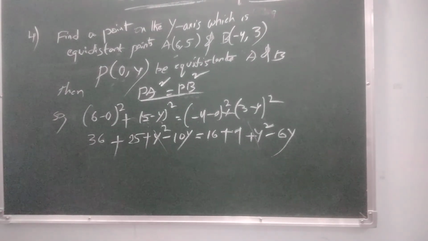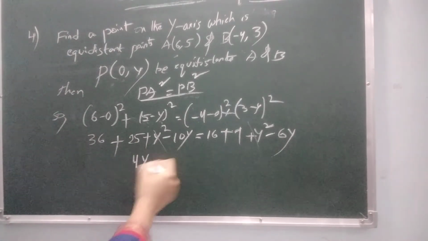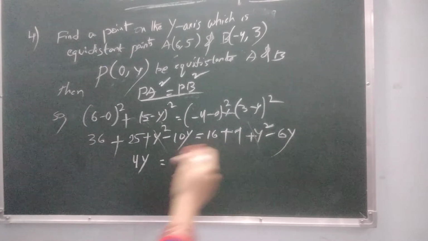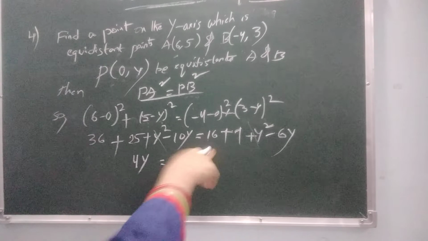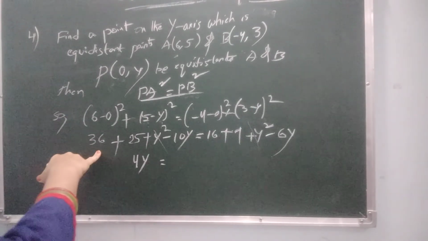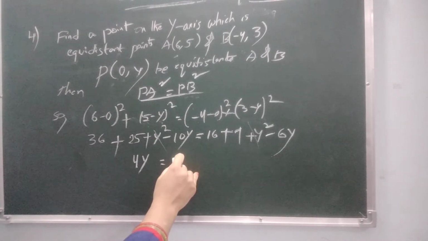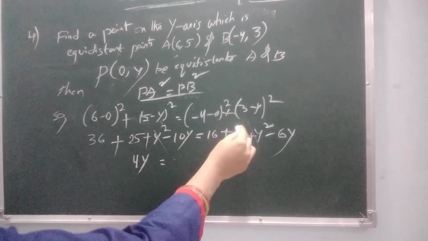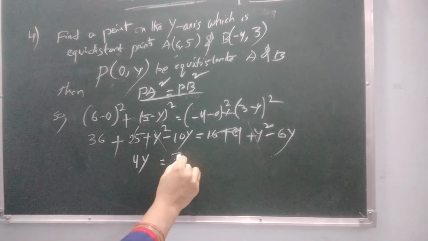Next, minus 10y plus 6y, that means minus 4y. Next 16 and 36. That means 4y equal to 36 minus 16 plus 9, which is 25 cancel here. 4y equal to 36.